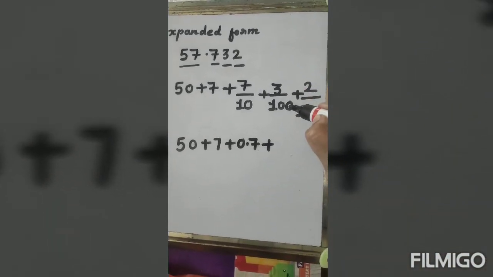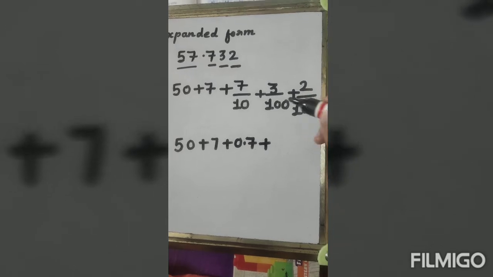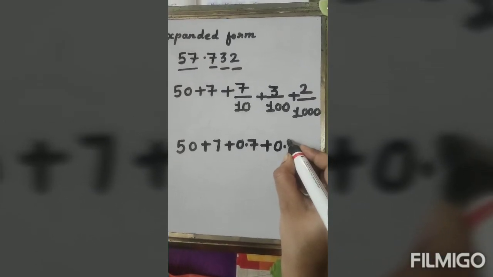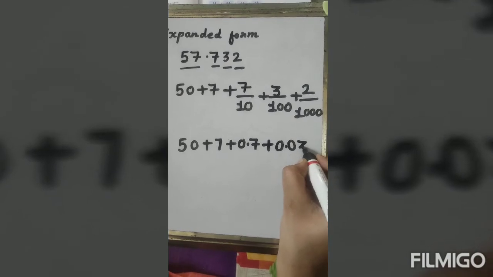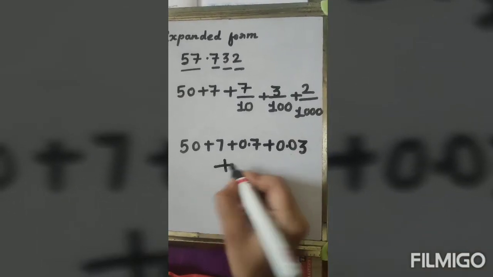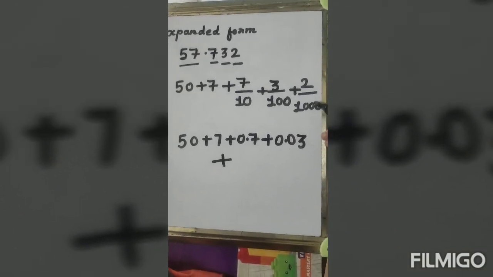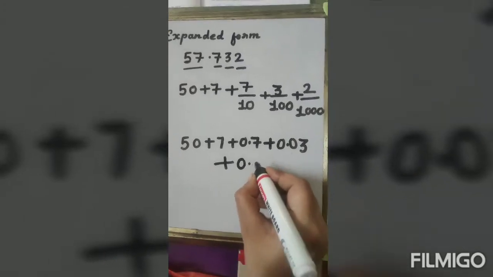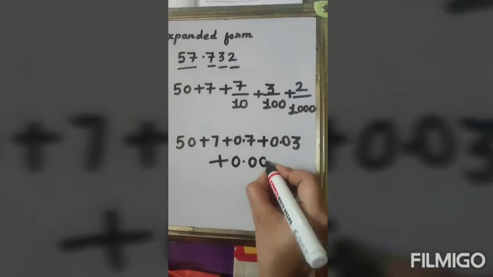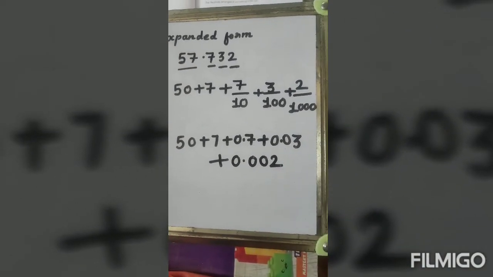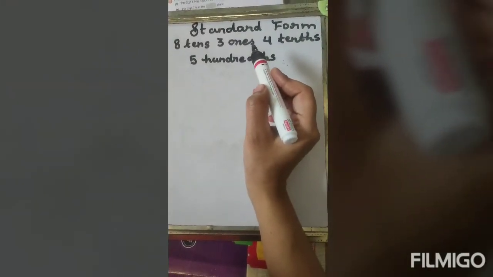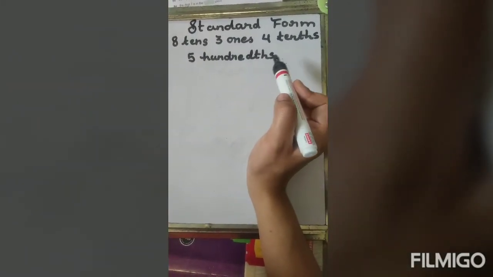This is 3/100. So 3/100 we will represent as 0.03. And this is 2/1000. 2/1000 we will represent as 0.002.